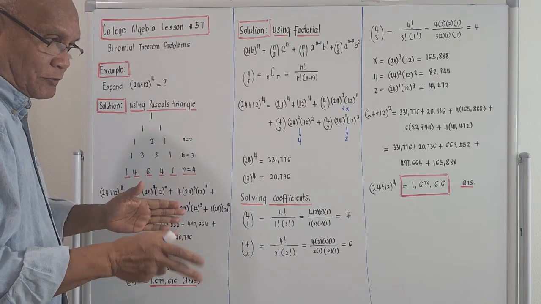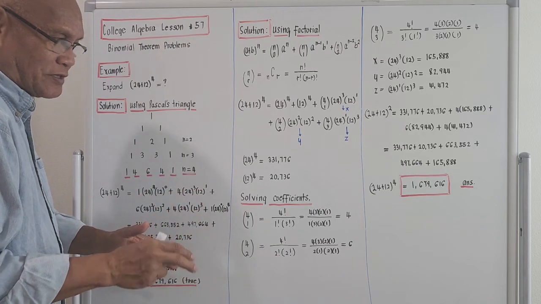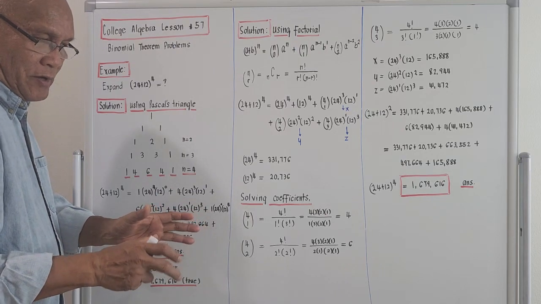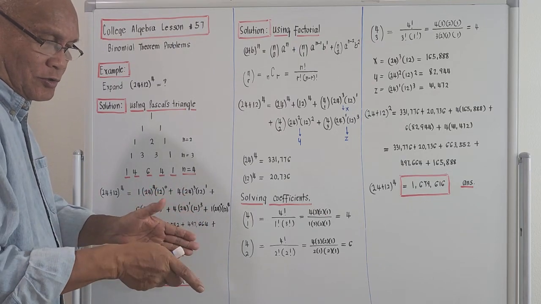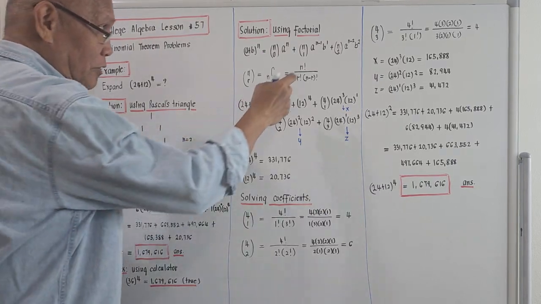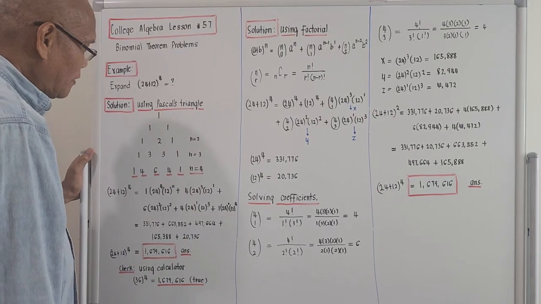Okay, again, for tonight, we will be solving an actual problem. It's not x and y, it's a pure number. And we'll try to see if the expansion will be the same for both the Pascal's and the factorial solution. Okay, this will be the problem.